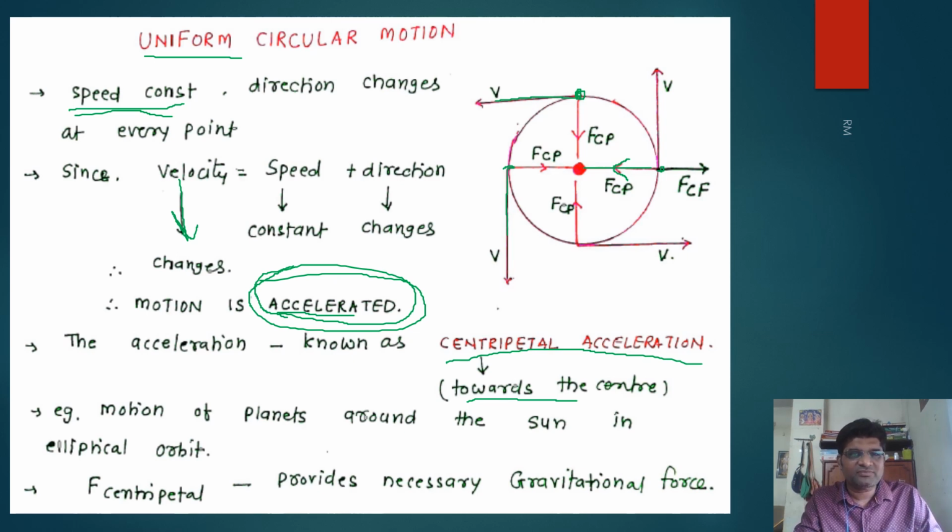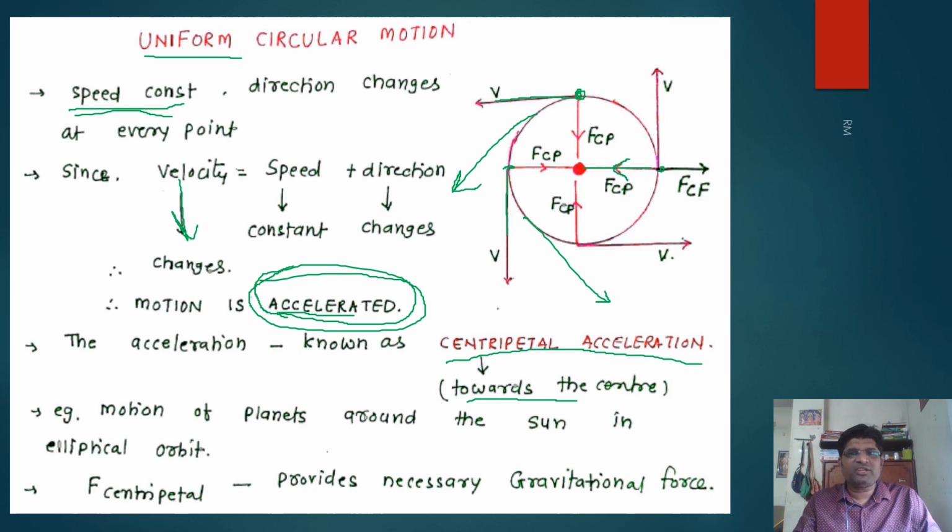For example, our Earth takes 365.25 days to complete a year around the Sun. 0.25 times 4 becomes 1, and that is why we have a leap year at an interval of every 4 years, right? So this kind of motion, in which speed remains constant but direction changes at every point, and at every point the direction of the motion is along the tangent. Okay, so that's your uniform circular motion.